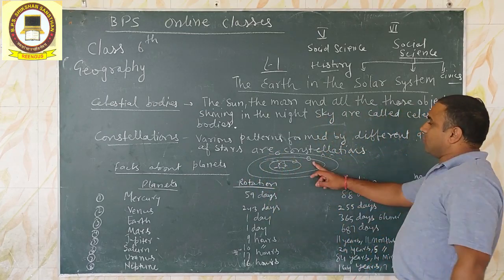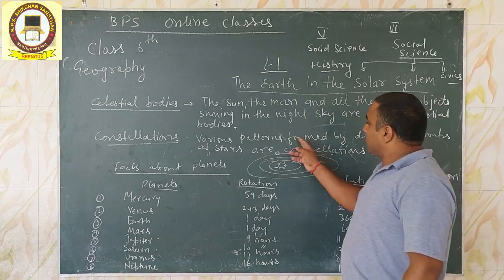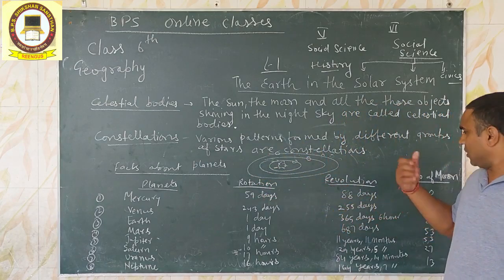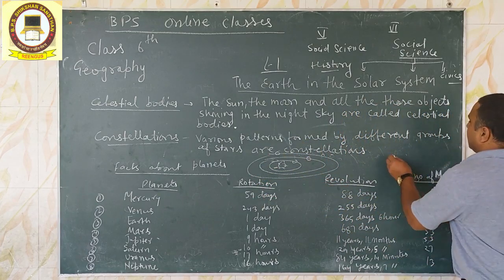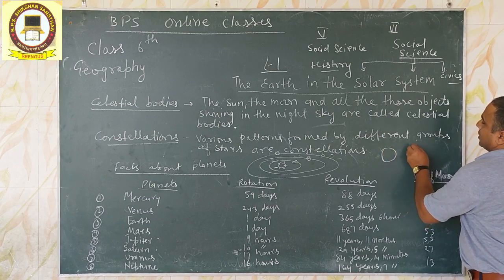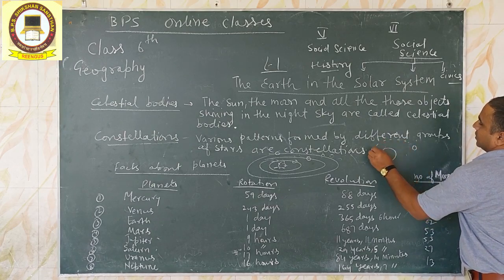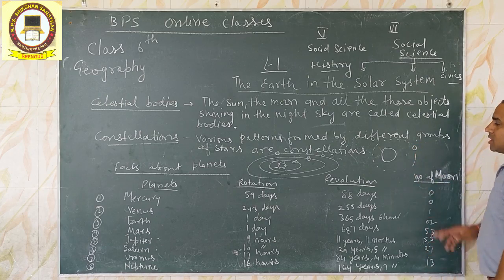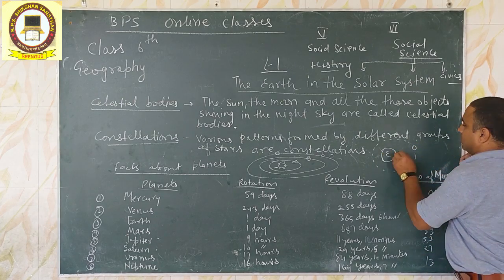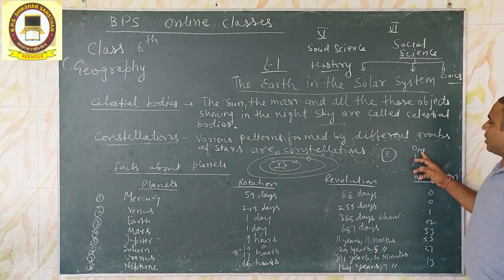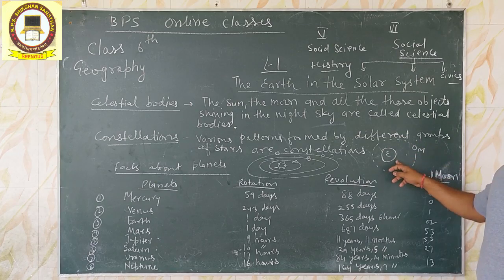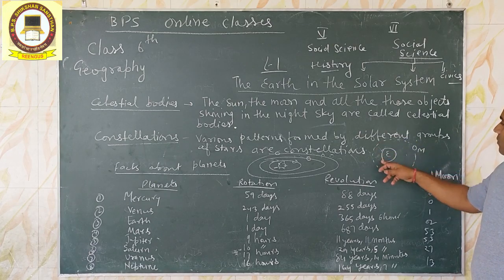So this is called revolution. Revolution means moving around somebody. Now number of moons, it means that just like the Earth has a moon, the moon is the satellite of the Earth, and the moon also revolves around the Earth.